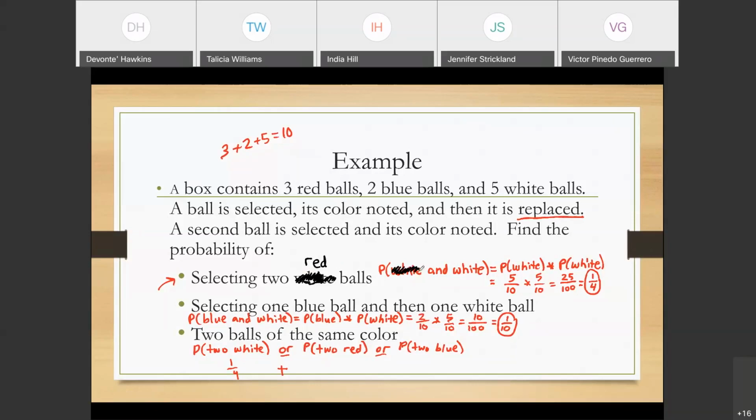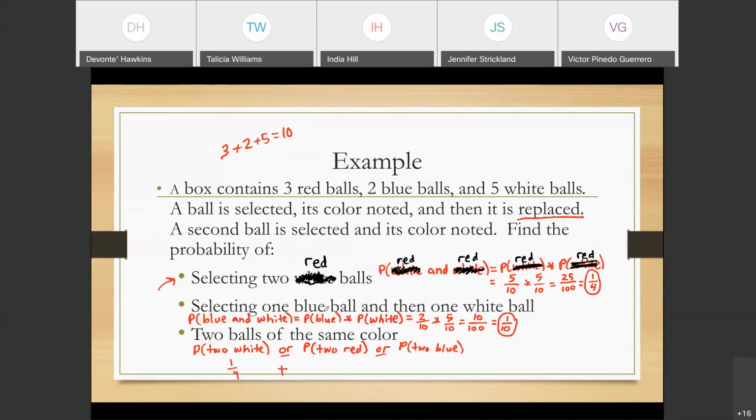We would have said red and red. We would have broken up the probabilities. Now our numbers are going to change a little bit. What would the probability of picking a red ball out of this box be?